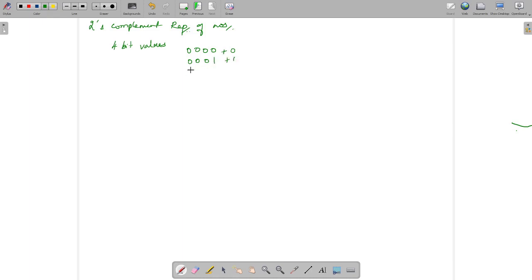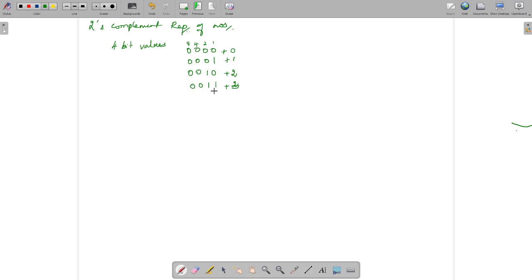Here it is plus 1. Let's write all the numbers that are possible with 4-bit values. So here it is 0 0 1 0 and 0 0 1 1, and it is plus 2 and plus 3. How do I write this? It is 1 2 4 8, the place values, and now I just sum up the place values wherein I have 1 in the binary bit pattern and get the decimal equivalent. Here under 8 we have 0, and in the place of 4 we have 0.